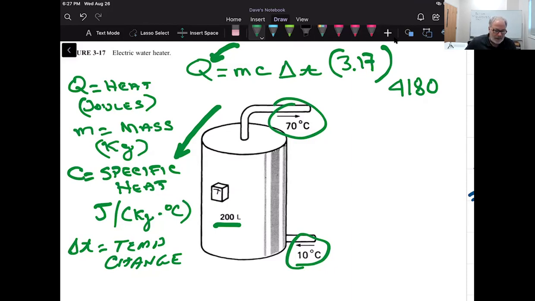I'm going to apologize for that pause there. What I was trying to do in this problem: we looked up the specific heat capacity of water in the appendix, and we found that to be 4180 joules per kilogram degree C. And he tells us in the problem that 1 liter of water weighs 1 kilogram.